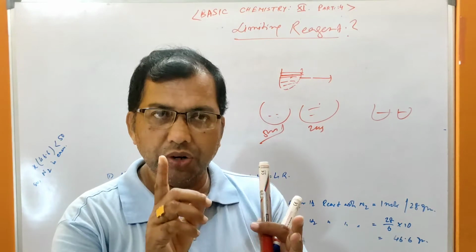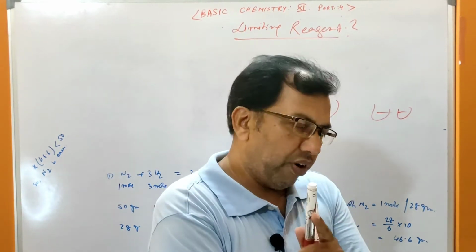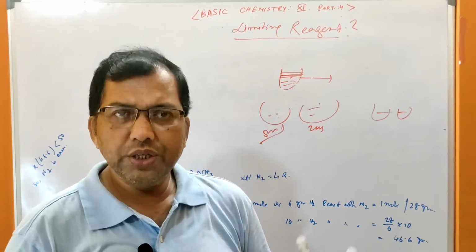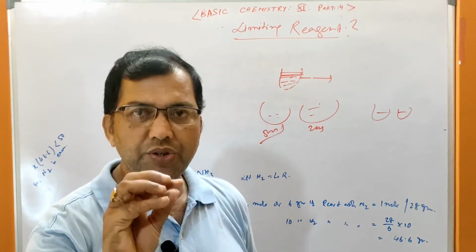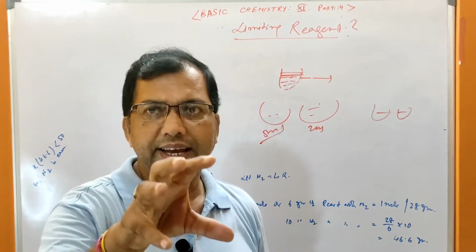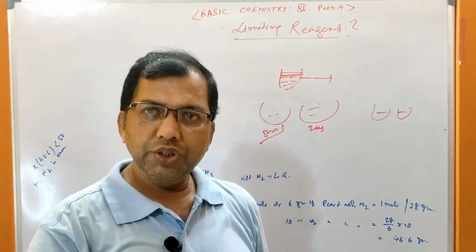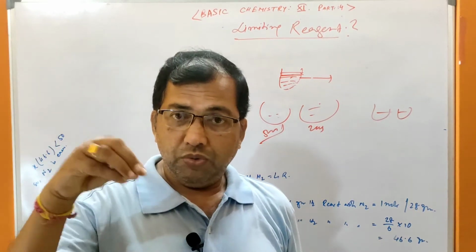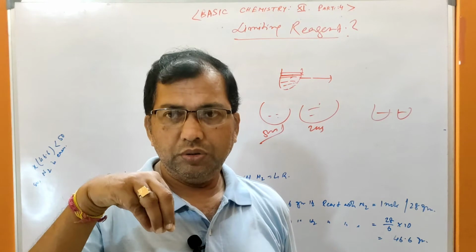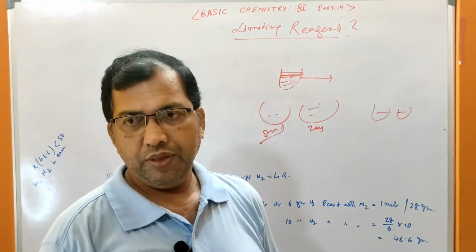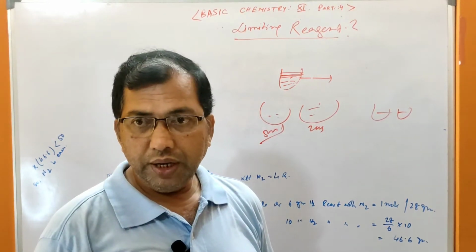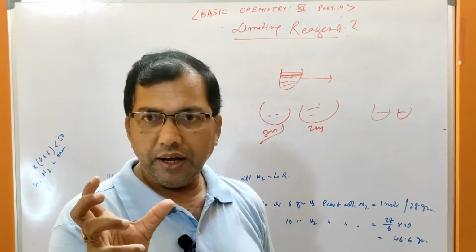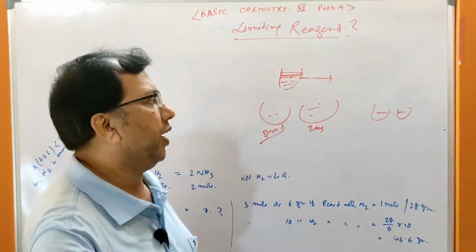The excess reactant is that which is not completely consumed. And it is very important to choose the limiting reagent. Why? As it decides the amount of the product obtained.